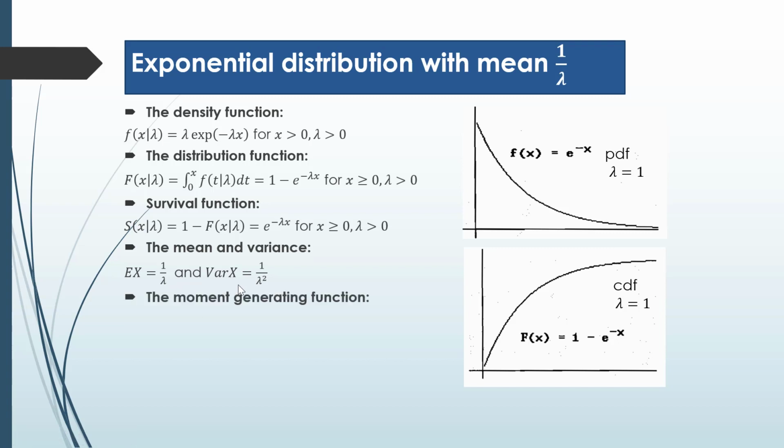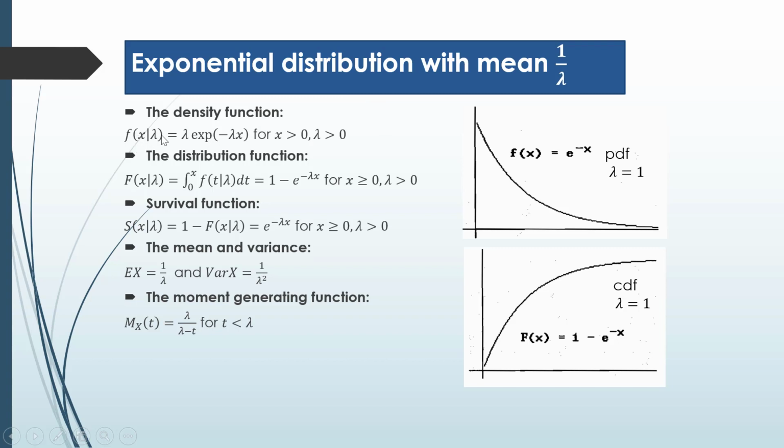The moment generating function is lambda over lambda minus t, for t less than lambda. So the moment generating function should be defined when t is less than lambda. And by the way, sometimes in some textbooks you will see an alternate version of the exponential distribution, where they use theta as 1 over lambda.